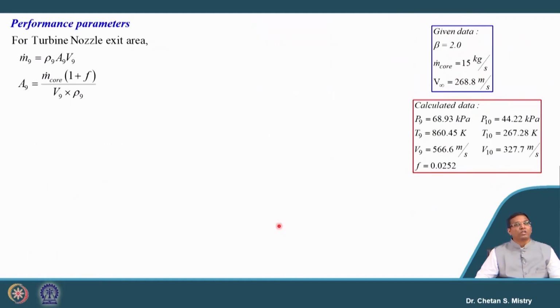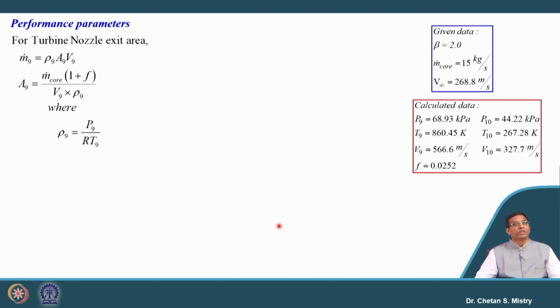Now, once we have this calculation, our next requirement is to calculate the area, and we calculate this area based on our continuity equation. For the turbine nozzle, my mass flow rate is given by m dot core into 1 plus f.